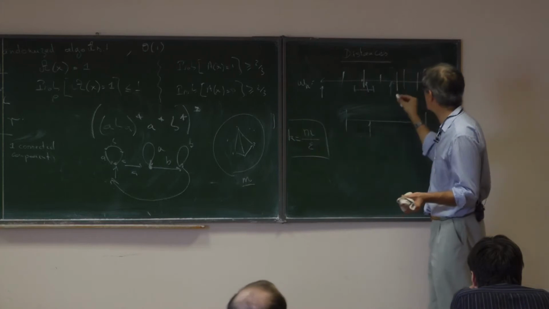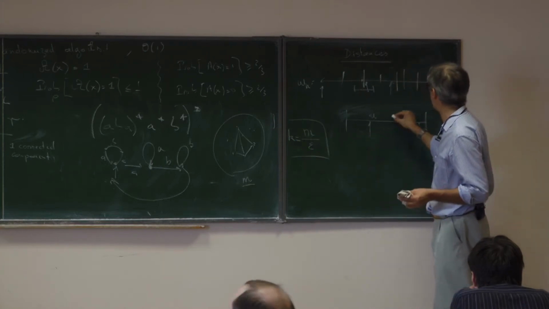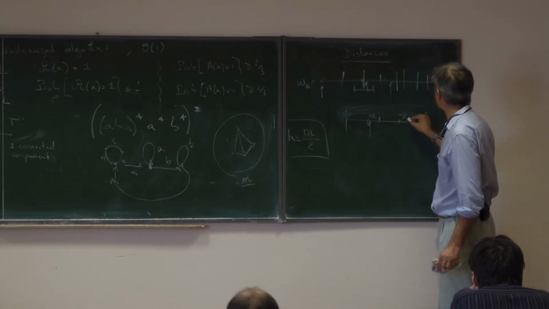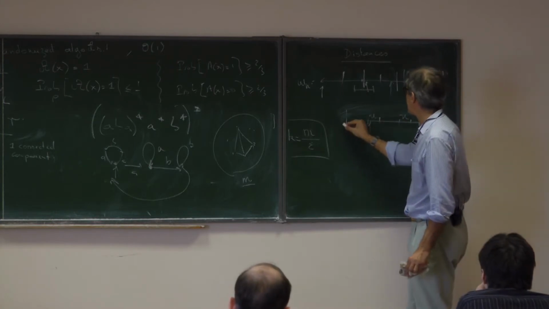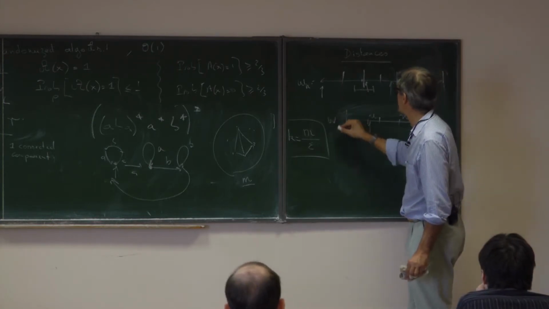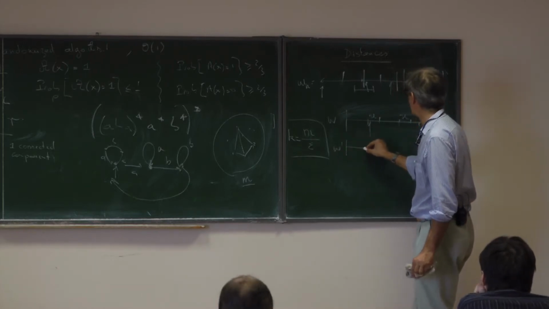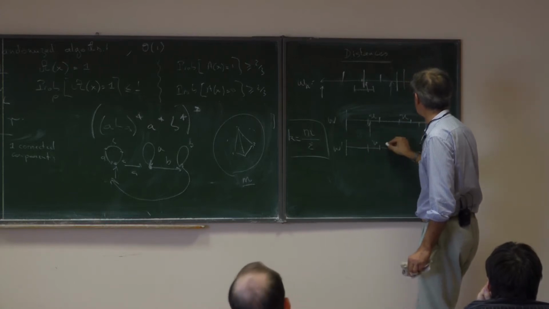Necessarily some loops will occur many times. There's some loop U. So then what you can do is move the U's together, in the sense that if this is W, say W prime, where you make a move, you stick here the U, but after that you stick the same U.